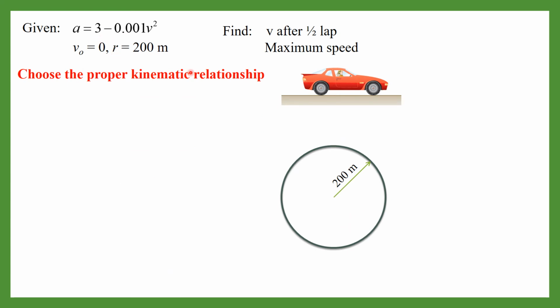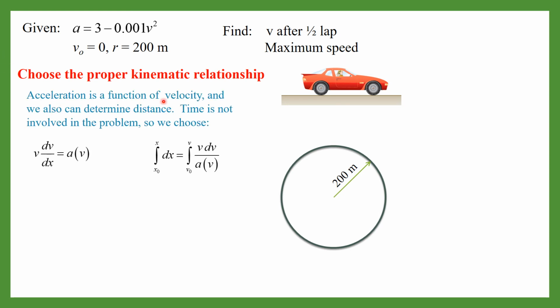So we need to choose the proper kinematic relationship. This is the car, this is the track, and we are given that a is a function of v, initial velocity is 0, and radius of this track is 200 meter, and we need to find v after half lap, and we need to find the maximum speed.